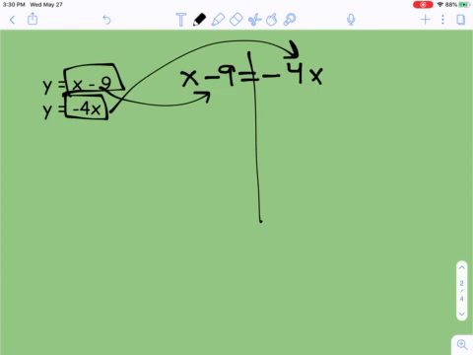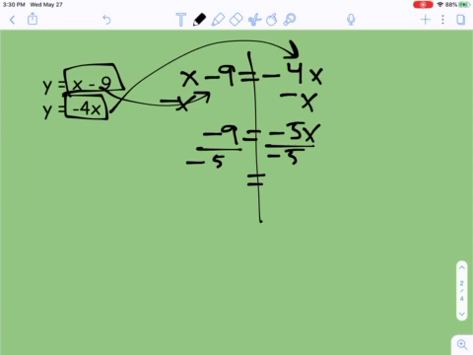So we've got x over here, a negative 9 over here, and then we've got x's over here. So let's move this x over to the other side. You've got negative 9 right here, and then negative 4x and negative x gives me negative 5x. Then if I divide both sides by negative 5, because you have to do one thing to one side, you have to do it to the other, that gives me 9/5.